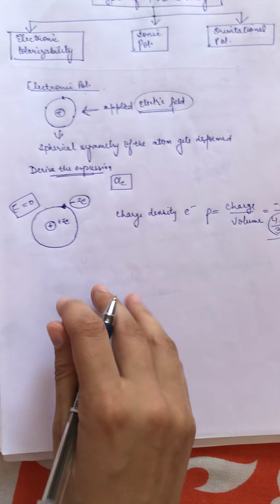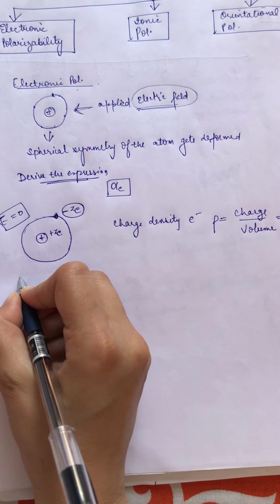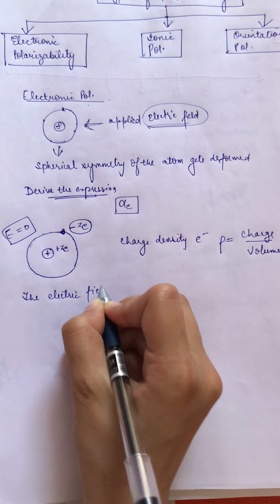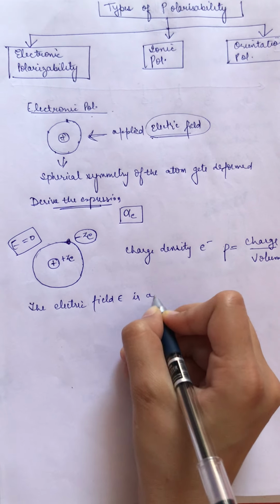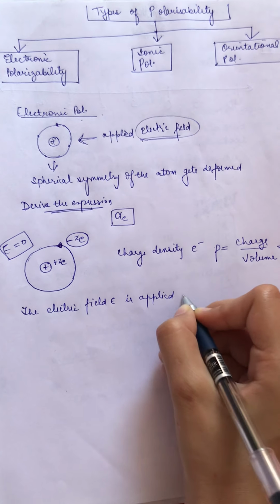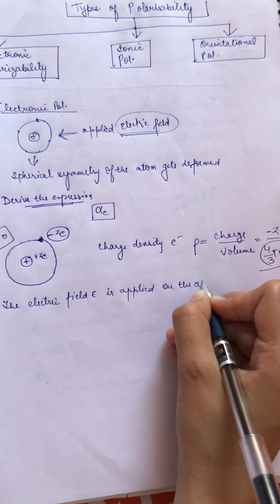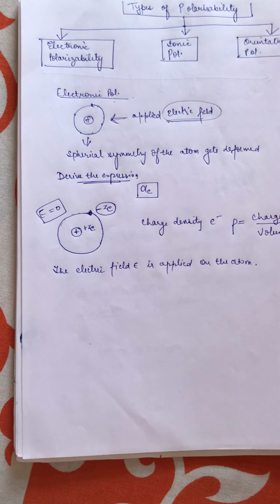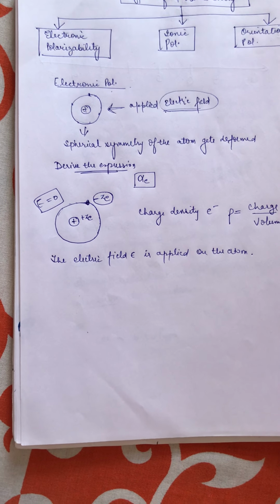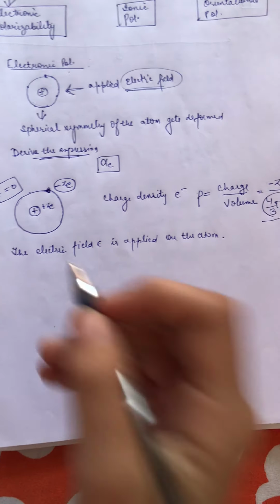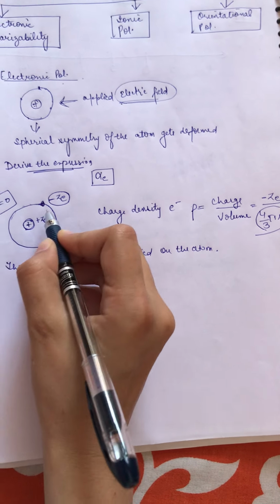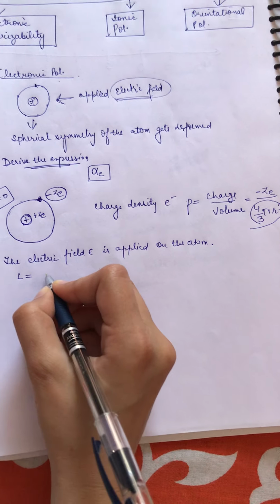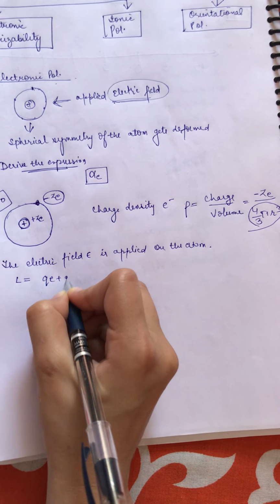Now we will consider a situation when the electric field E is applied on the atom. Now when the atom is placed in this electric field E, both the charges experience Lorentz force, meaning the nucleus and the electrons will feel the Lorentz force, since Lorentz force is given by QE plus QB.